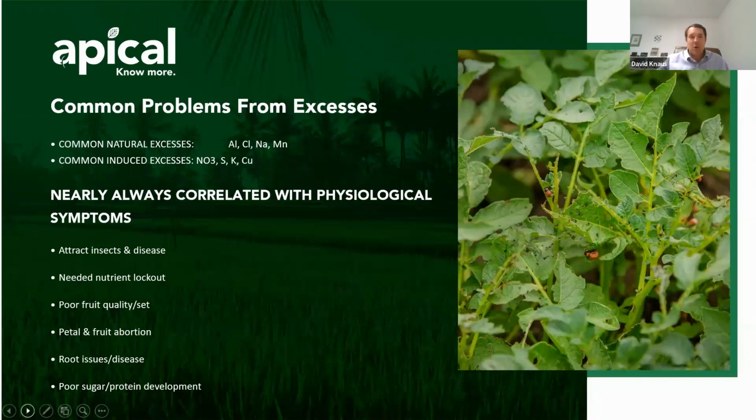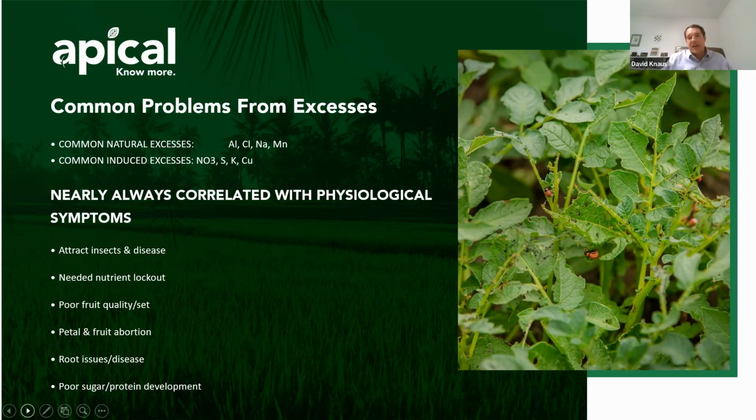Why is this important? Because common natural excesses such as aluminum, sodium, chloride, or manganese in certain situations, or boron in high boron areas, or even calcium in high calcium areas, they're almost always correlated with physiological symptoms on our leaf analysis.